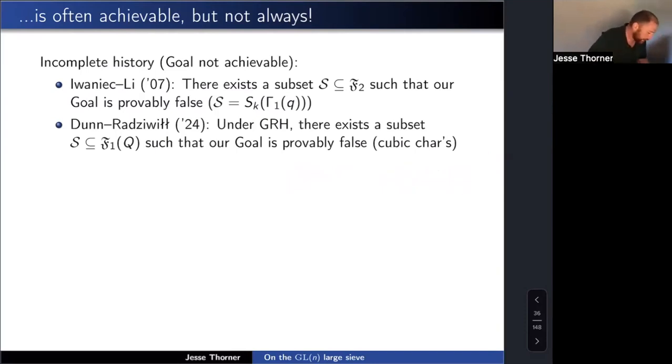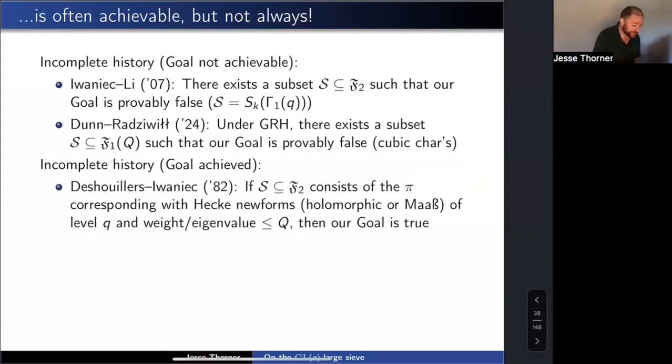And that term, at least under the generalized Riemann hypothesis, is genuinely there. It's unavoidable. And this was established by Dunn and Radziwill in 2024. So there are a few instances where this idealized quasi-orthogonality is just not in the cards, but a lot of the times it is in the cards for us.